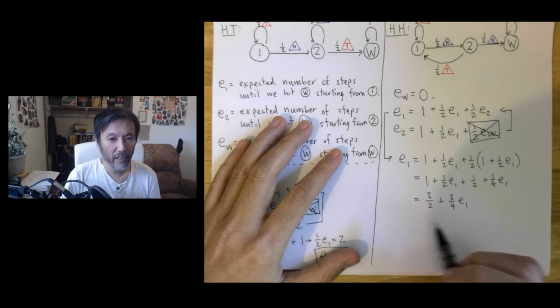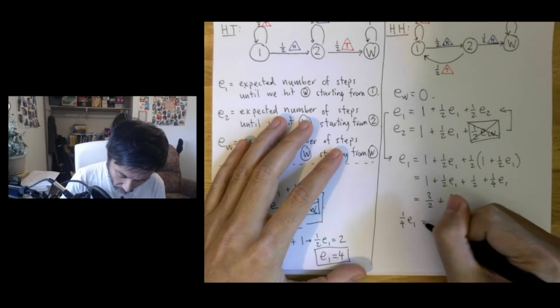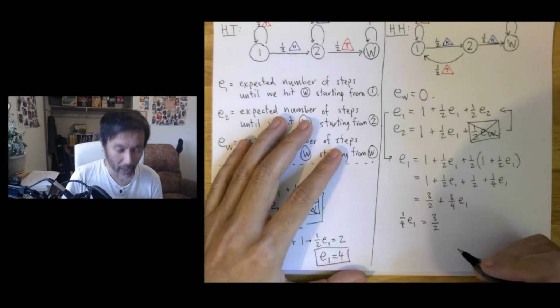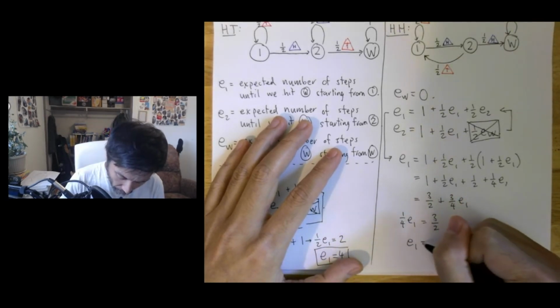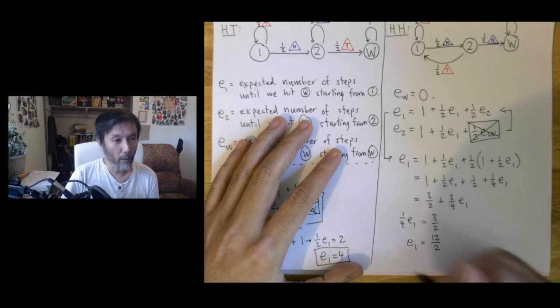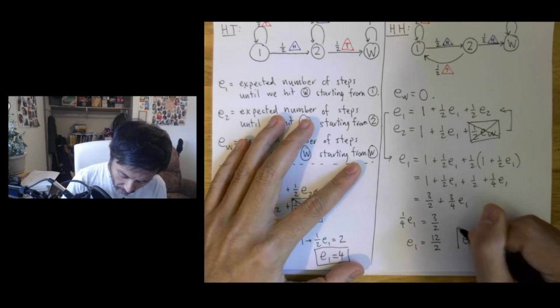We can subtract 3/4 E1 from both sides. Then we can multiply both sides by 4. And then we can reduce this fraction into 6.